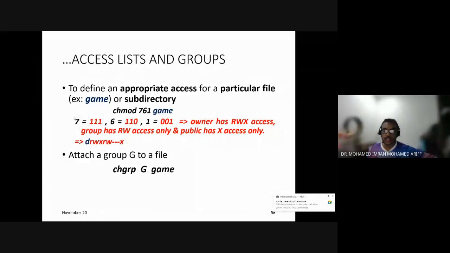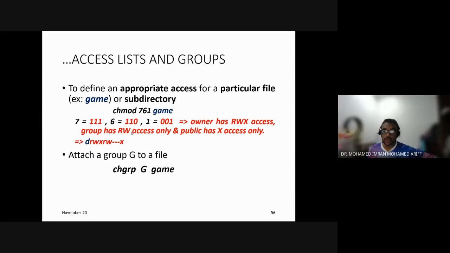First we change the number 7 into binary 111, 6 into binary 110, and 1 into binary 001. This means the owner has read, write, and execute access, which is why you have 111. The group, which is the second number here, number 6, 110, has only read and write access, but no execute.